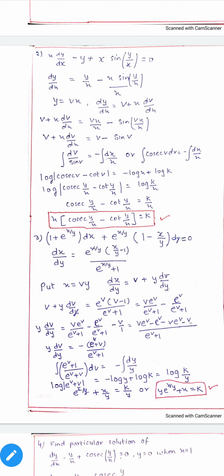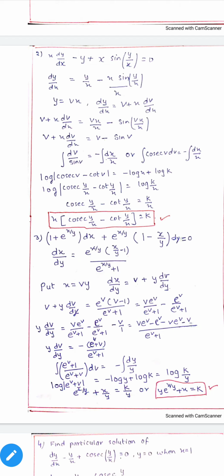dv/sin v = −dx/x, or cosec v dv = −dx/x. log|cosec v − cot v| = −log x + log k. log|cosec(y/x) − cot(y/x)| = log(k/x).